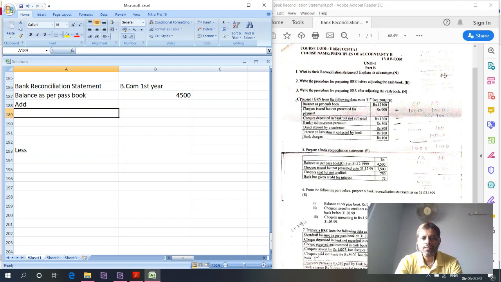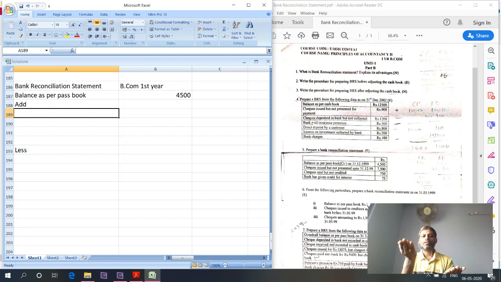Next, the first adjustment entry is checks issued but not presented. As I was explaining in the last class, checks issued but not presented means we have issued checks to suppliers or to employees, etc., where the balance as per books will be lesser because the check balance will come down, whereas the bank balance is still high.